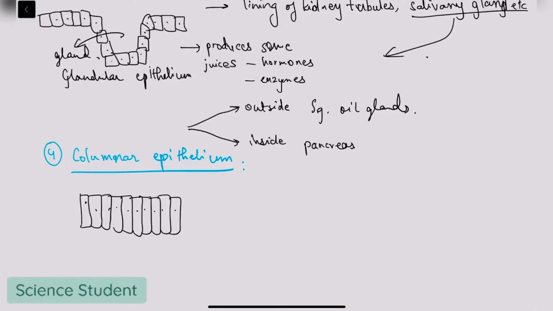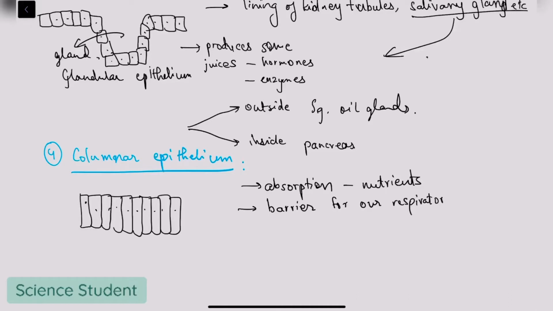This kind of epithelium is mainly found where absorption takes place, absorption of nutrients or various other substances. It acts as a barrier for our respiratory tract.